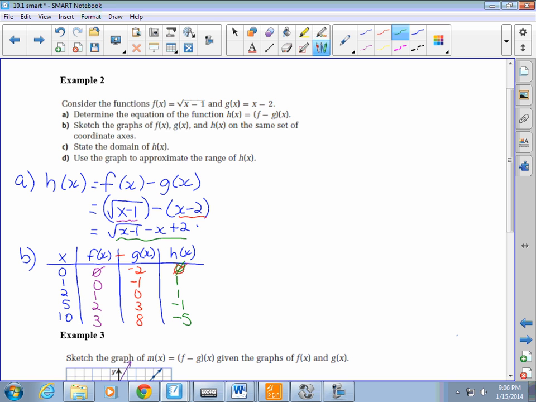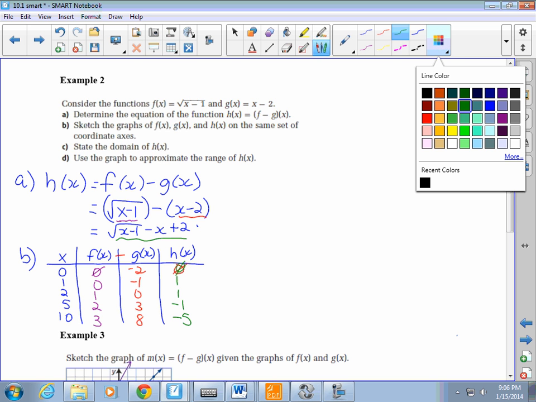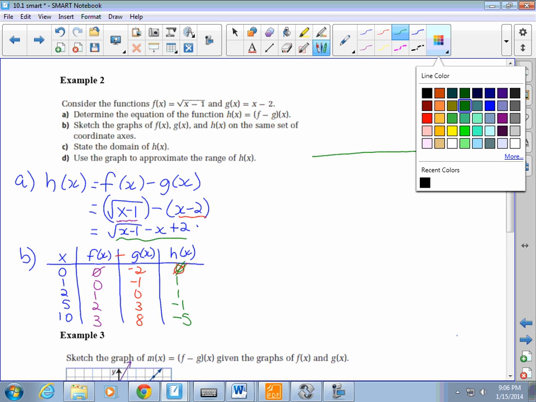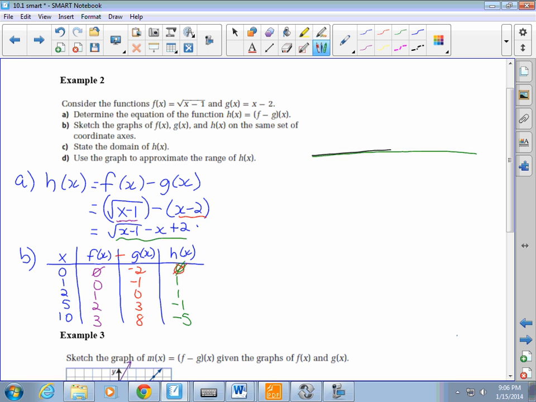Okay, so drawing my picture of this. If I'm graphing f of x, that's my purple one. What do I need for values? 0, 1, 2, and 3 x's I need.